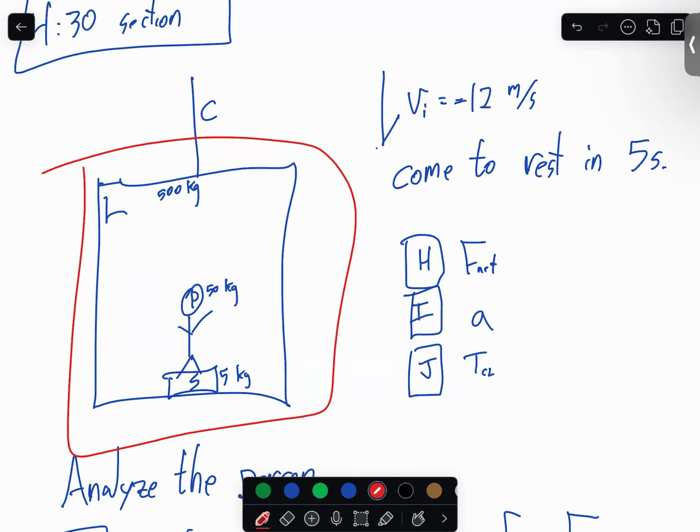The subscript on T is cable on lift, CL.